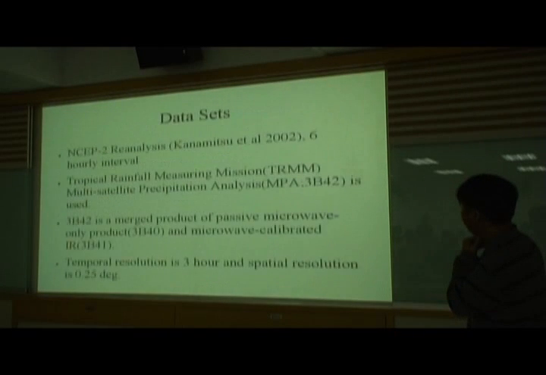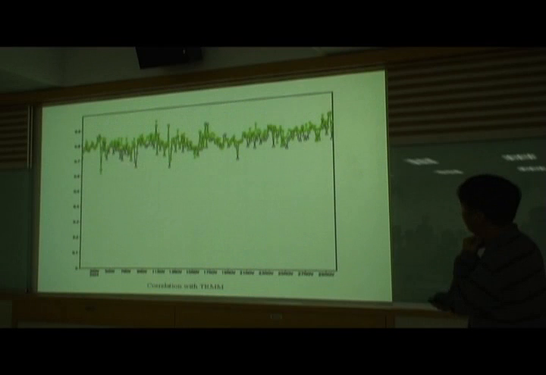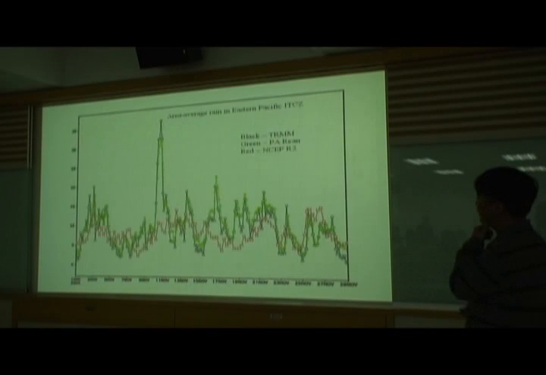So these blue, green, and black line correlations are calculated using different nudging coefficients. But our feeling is that our result does not depend on the nudging coefficient severely.